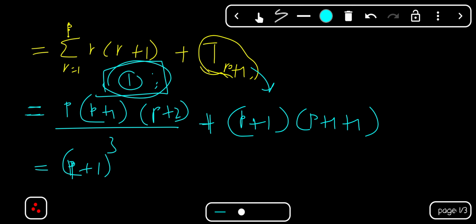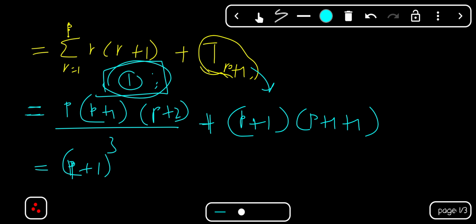Some students used to simplify this, expanding it. No need to expand. What we have to do is factorize. If you try to expand, you're going to mess it up, because it is jammed up and you would want to factorize it again, right?